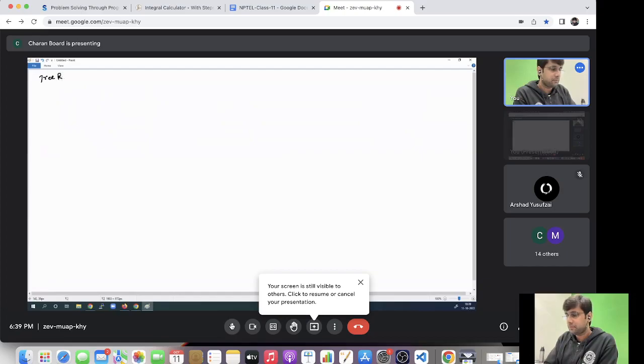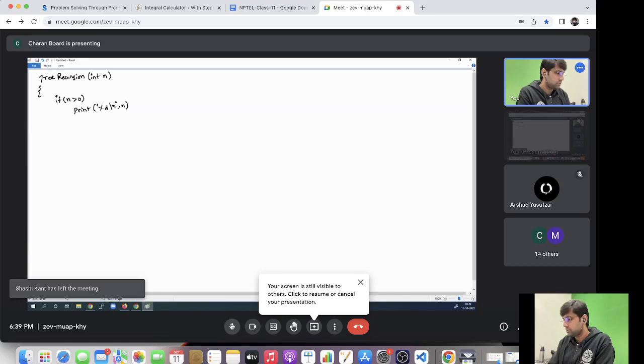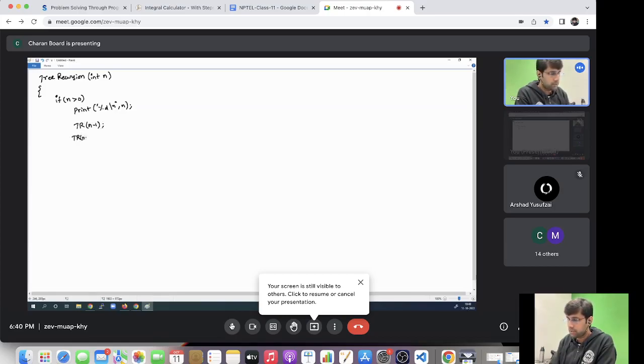Tree recursion: if n is greater than 0, then we will print n, and I am just calling this tree recursion as tr for simplicity: tr of n minus 1, tr of n minus 1.